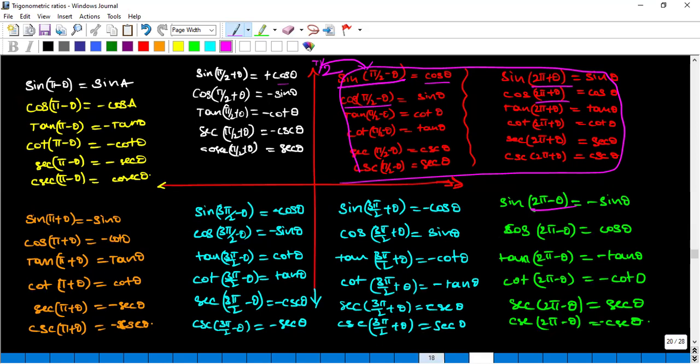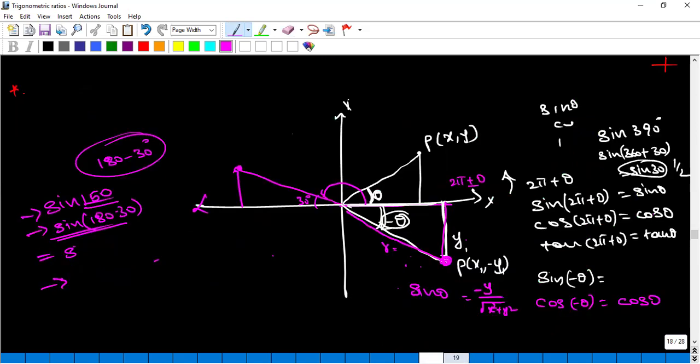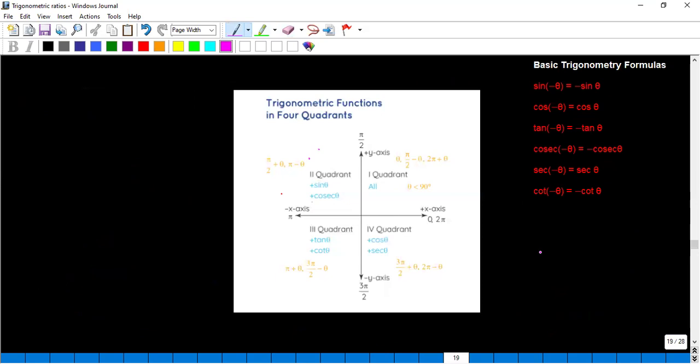So you should understand here one thing. What is that? For 90 degrees and 270 degrees, or pi by 2 and 3 pi by 2, sine will become cos and cos will become sine.